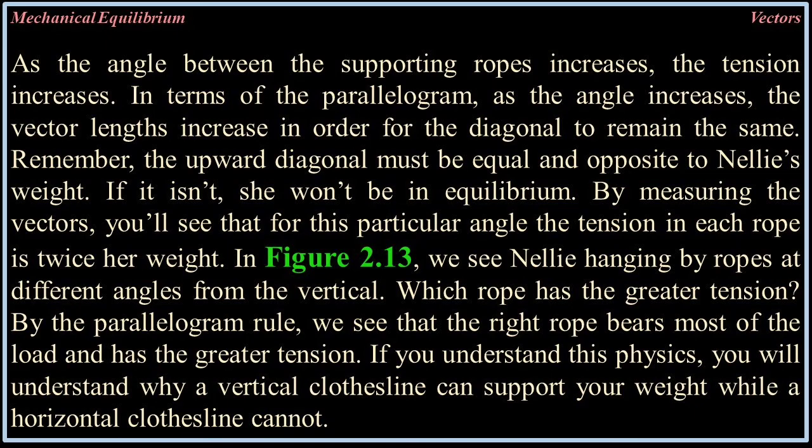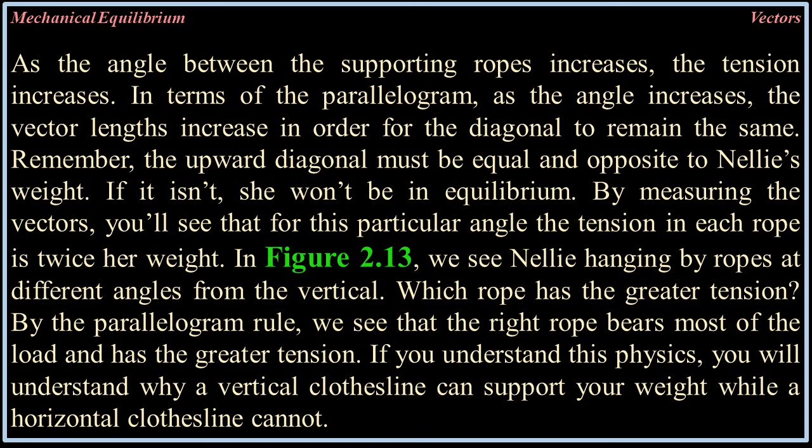As the angle between the supporting ropes increases, the tension increases. In terms of the parallelogram, as the angle increases, the vector lengths increase in order for the diagonal to remain the same. Remember, the upward diagonal must be equal and opposite to Nellie's weight. If it isn't, she won't be in equilibrium.